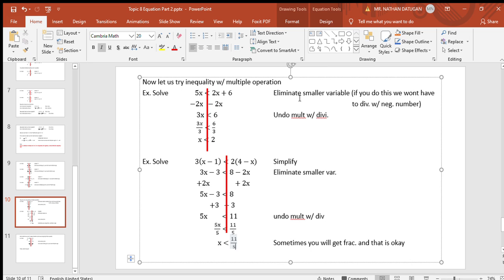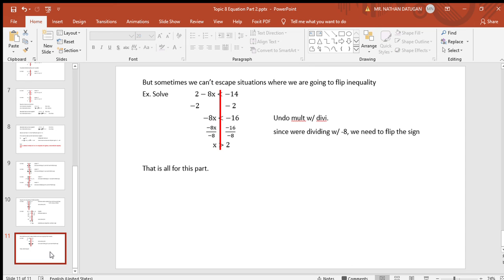So if you did this part properly, you're never going to have to flip the sign most of the time. I just said never, most of the time. It depends on the equation, okay? If it allows you, yes, go with eliminating the smaller variable. So what do I mean by most of the time?